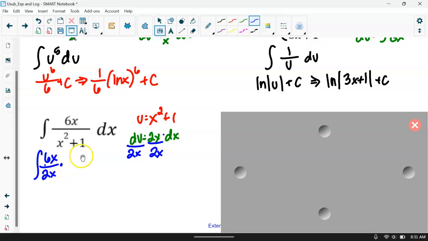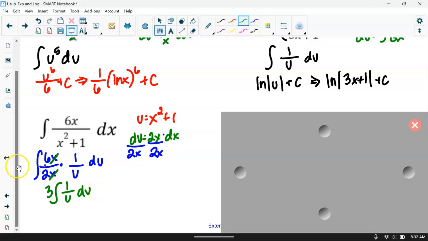This is times 1 over u, because again, here 6x times 1, there's our 6x, and x squared plus 1 is in the denominator, 1 over u, du. So now notice when you simplify, 6 divided by 2 is 3. So this is 3 times 1 over u, du.